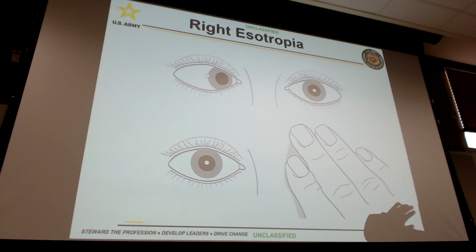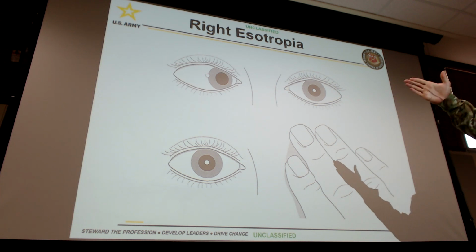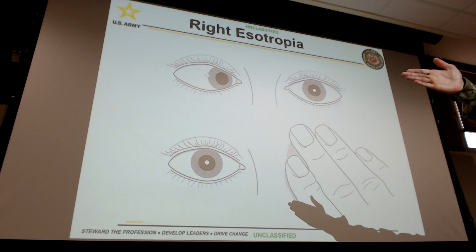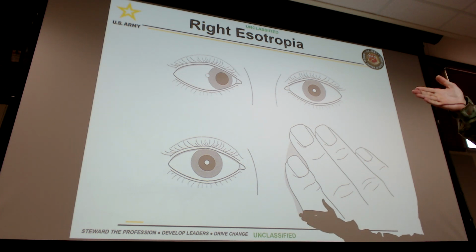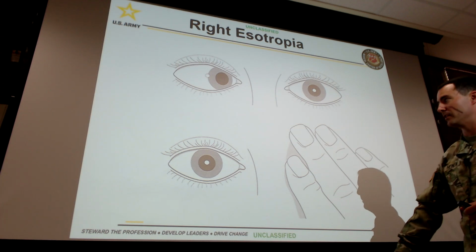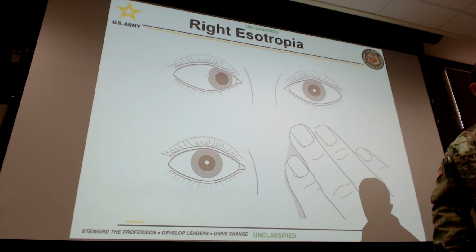The brain is shutting off that eye completely because the brain does not want to see double. But as soon as you cover the good eye, the brain's like, oh crap, we're blacked out, but we need to see, so it's going to turn that right eye on, and then that right eye is going to snap out. That's the unilateral cover test there. And then as soon as you uncover, that eye is going to pop right back into place.